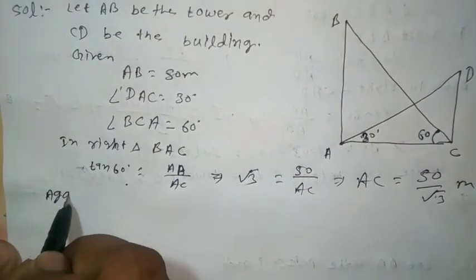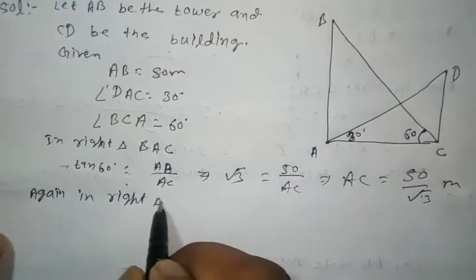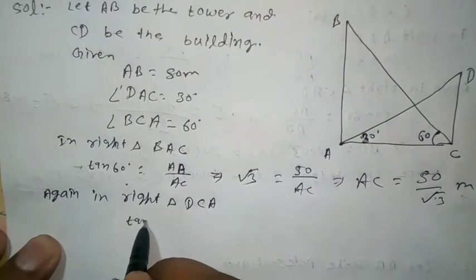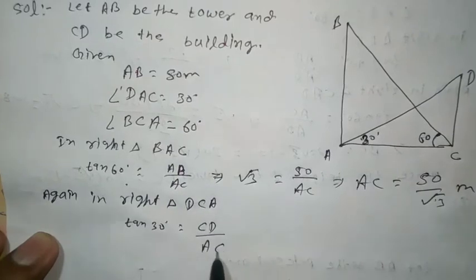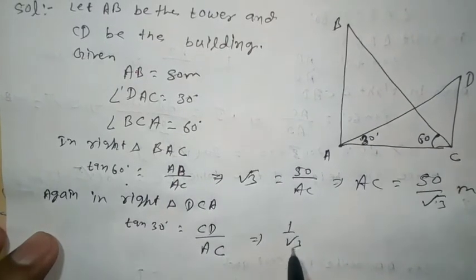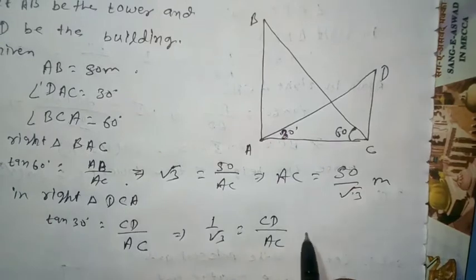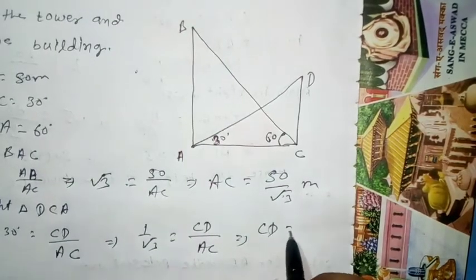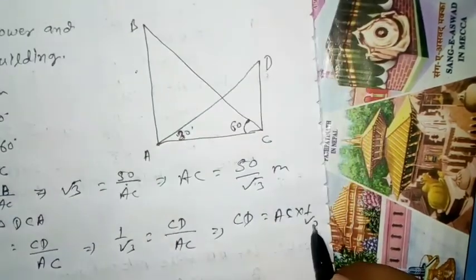Again, in right triangle DCA, tan 30 degree is equal to CD by AC, implies 1 by root 3 is equal to CD by AC, implies CD is equal to AC into 1 by root 3.